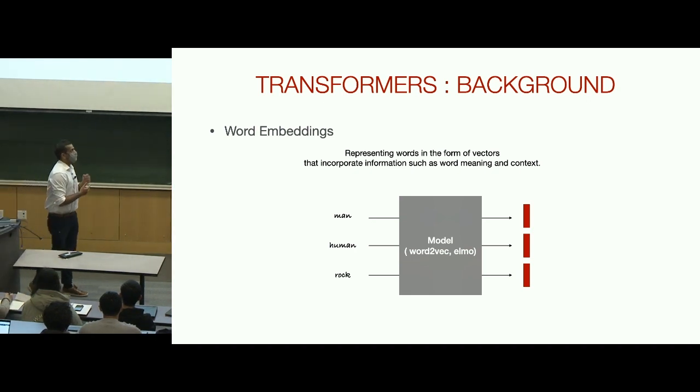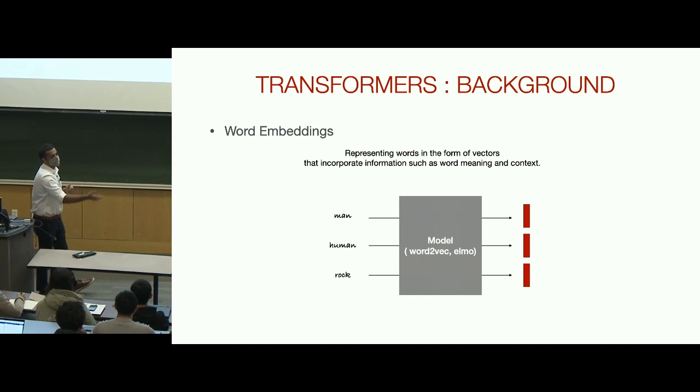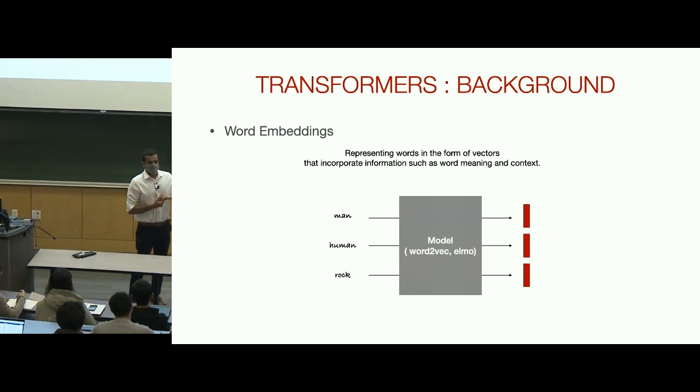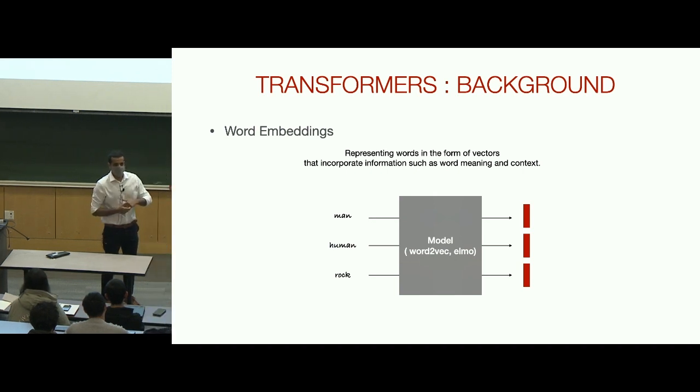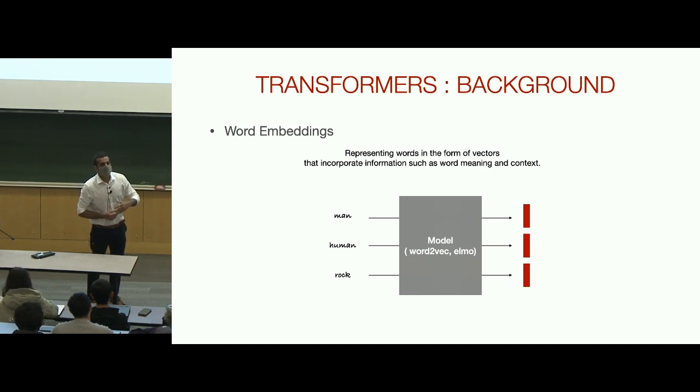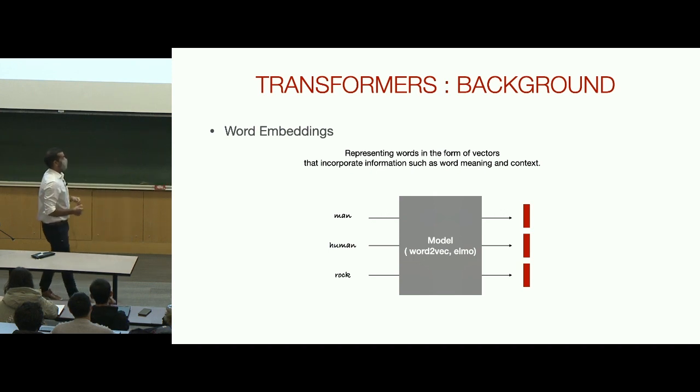So we're not really capturing meaning and context, we're just converting words into a vector representation. Also, if we use one-hot vectors, the dimensionality of the input vector scales linearly with the number of unique words in the vocabulary. We have vocabularies of 20,000 words, 30,000 words. We don't want that to be the input of any kind of model.